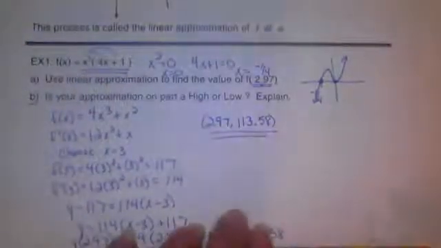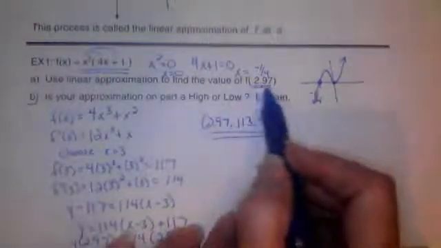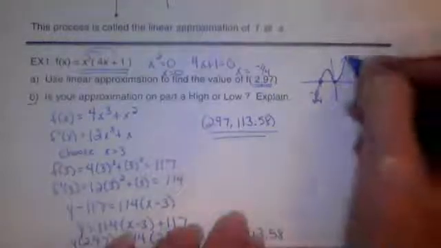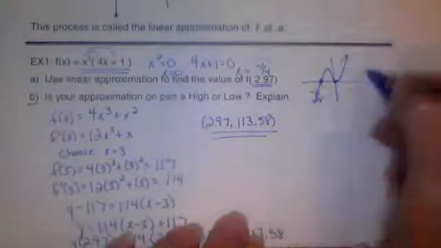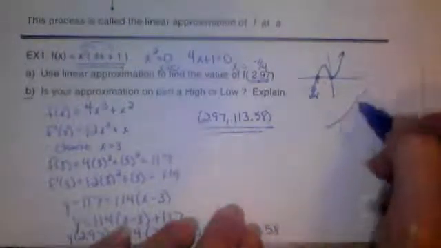So we were talking about using the tangent line at 3. 3 is going to be in this section of the curve. So like those things at the top, if I exaggerate that curve, that means my tangent lines are below.